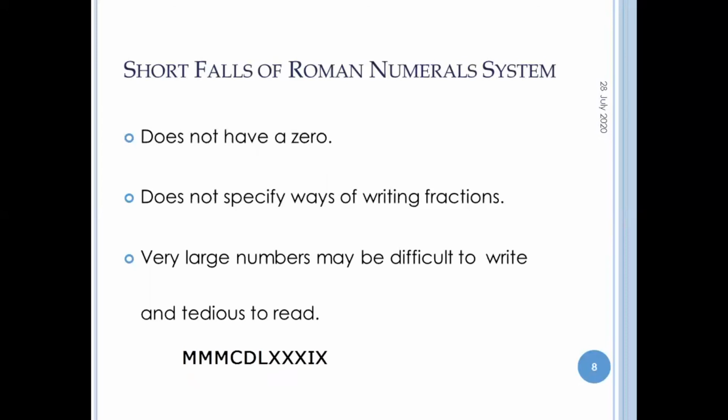For example, how long will it take you to read this number, its value? Let's see. How long? Some time, of course, but it is equal to 3,489. So the process of reading this value is tedious. That said, I would like you to try out this activity as a teacher.